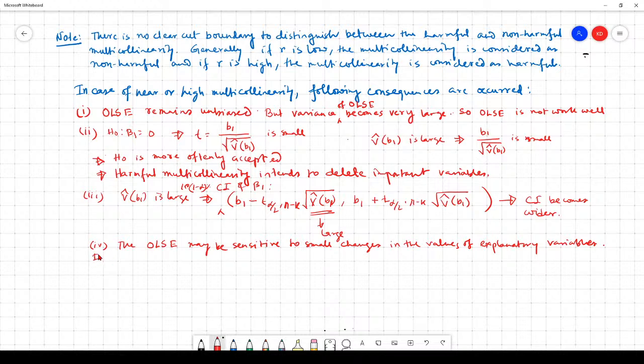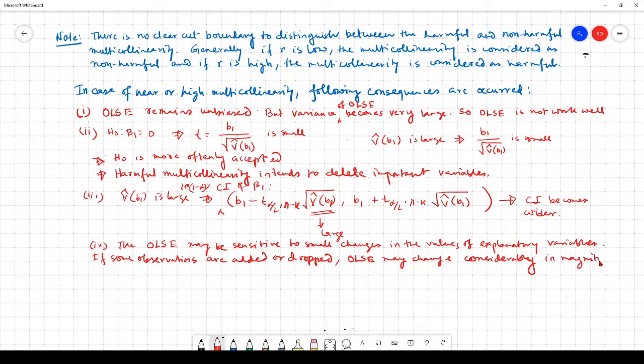If some observations are added or dropped, the OLS estimator may change considerably in magnitude as well as in sign.